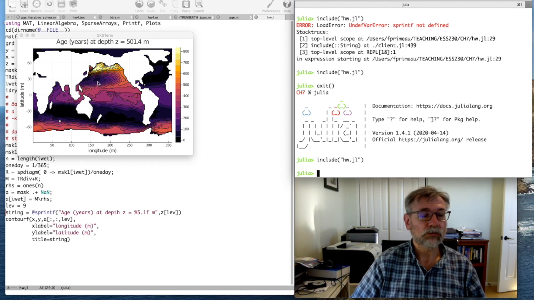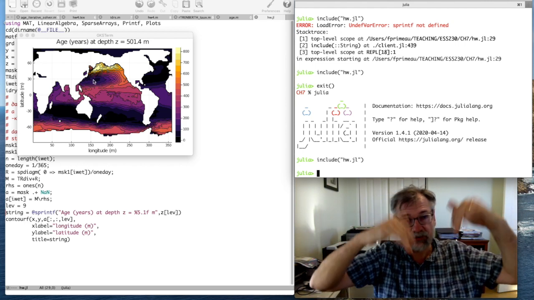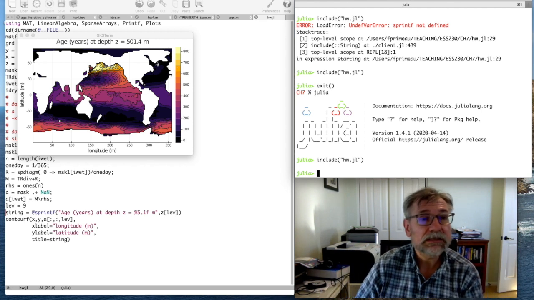You see older water where there's downwelling, and younger water that's been near the surface very recently. You also see the North Atlantic is much younger than the North Pacific. That's because there's deep water formation in the Labrador Sea and Greenland Sea, so water convects in the winter and then flows southward. The western boundary current carries this water southward, and there's a lot of mixing with this younger water.